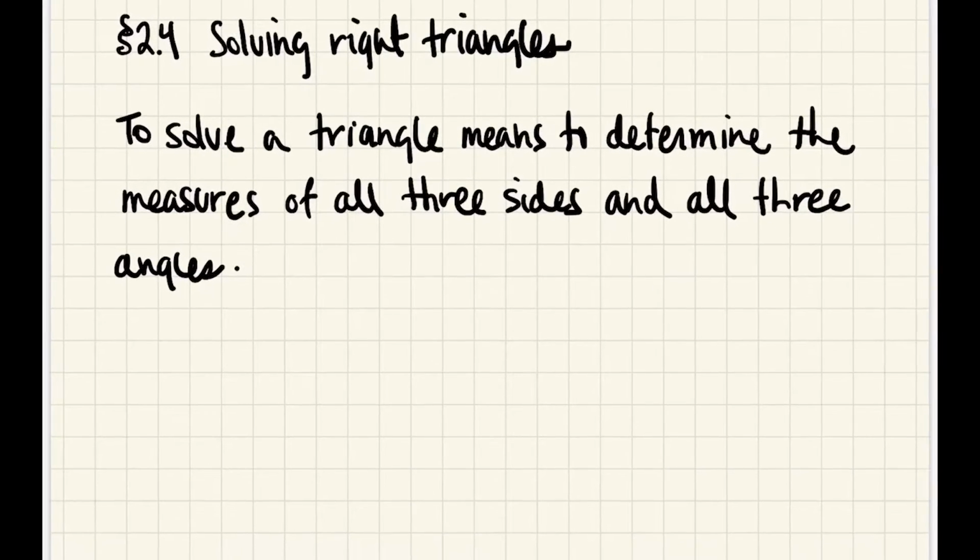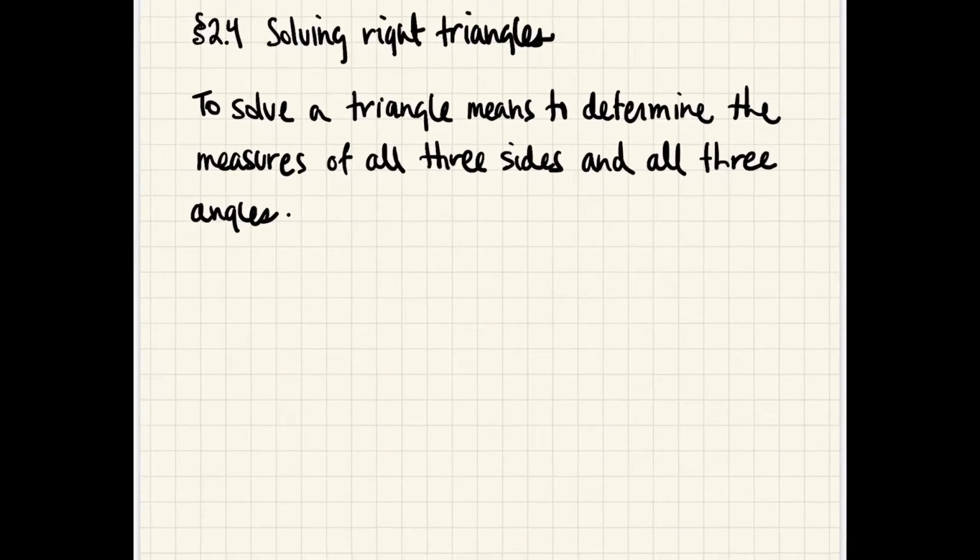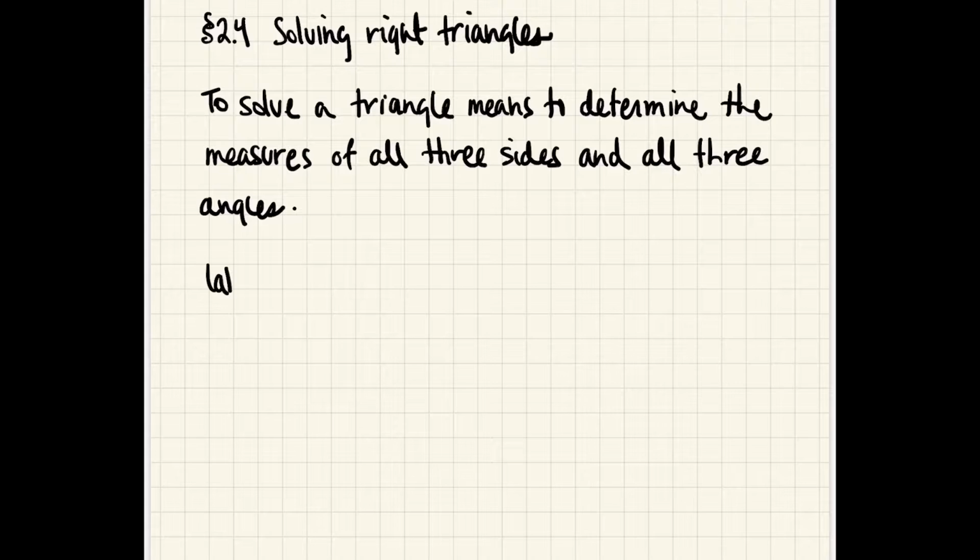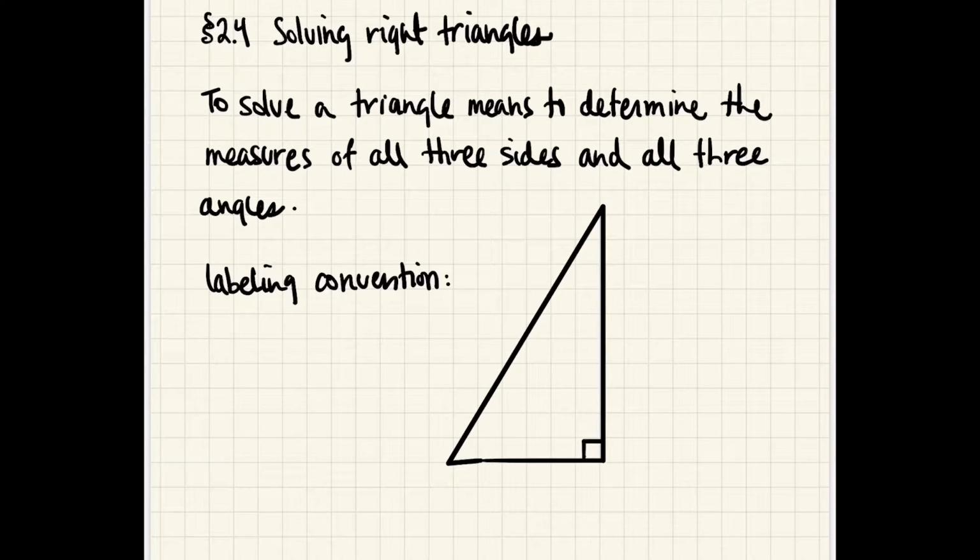Okay, and to do this, I'm going to introduce a labeling convention. For a triangle, we label the vertices using capital letters, and we label the side lengths using lowercase letters. Moreover, the letter for the side length is always the lowercase version of its opposite vertex.